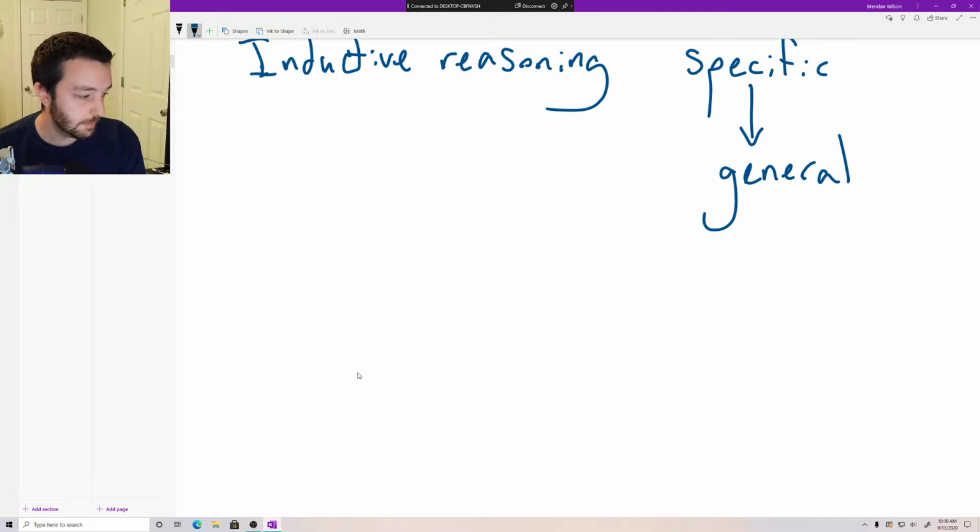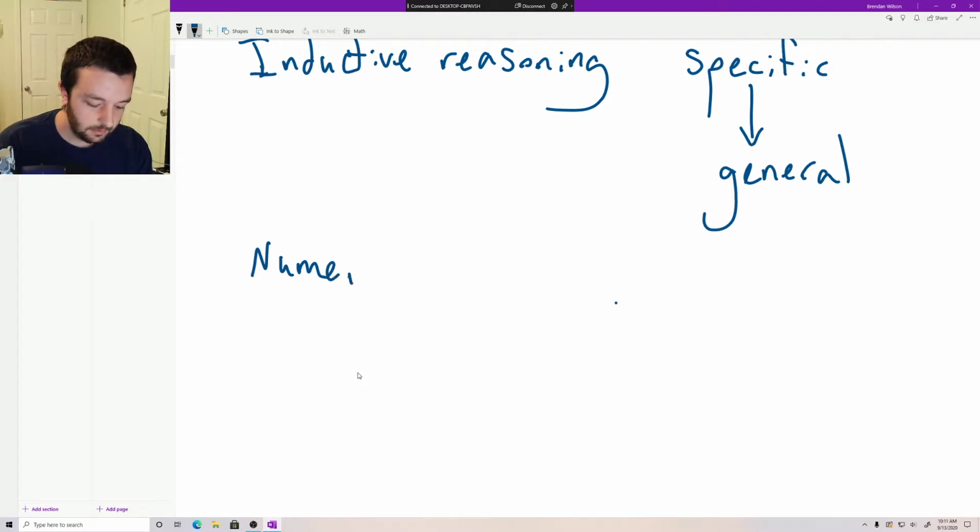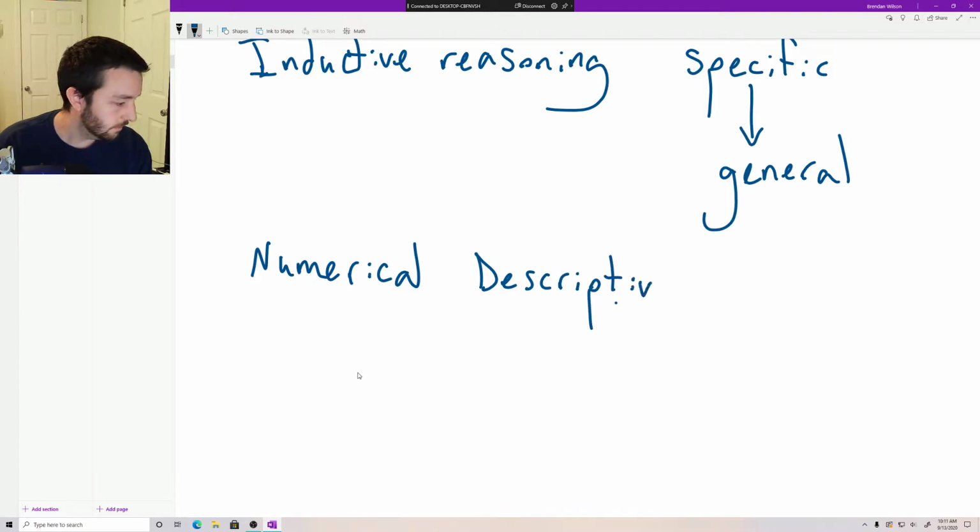In chapter 2 specifically, we are dealing with the branch of statistics called numerical descriptive statistics.